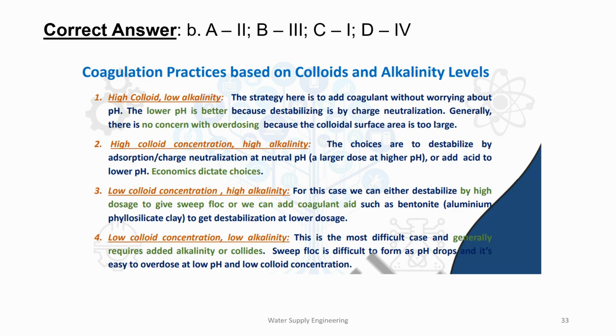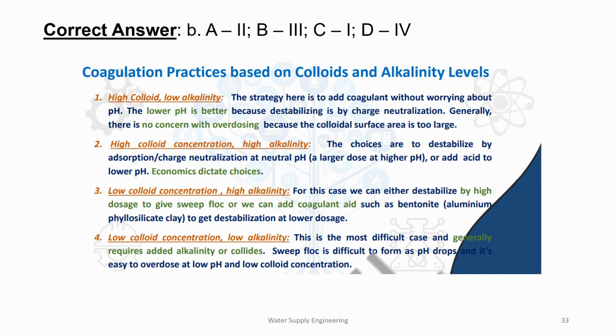Now, if high colloidal concentration exists with high alkalinity, then we need to first lower the pH, that is, we need to either add acid, or we need to add a larger dose.